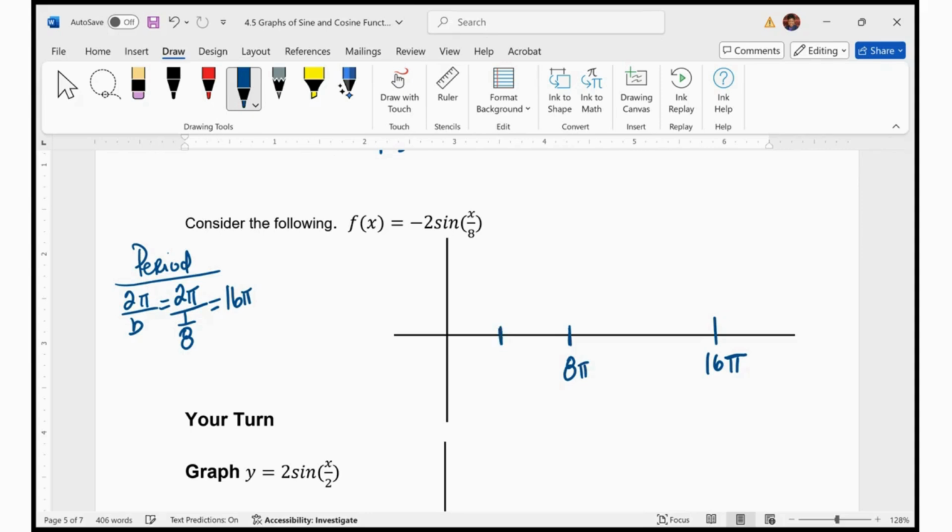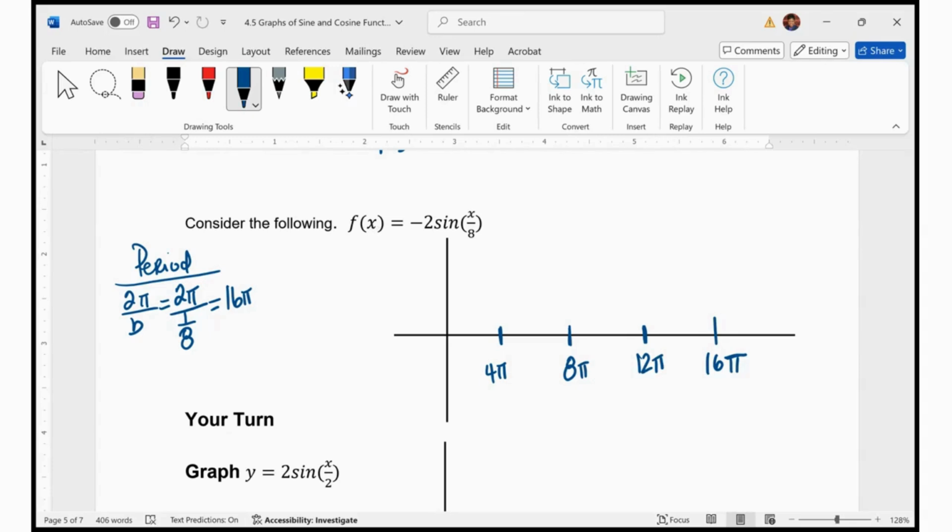And what would be between 8 pi and 16 pi? 12 pi. 12 pi. All right.